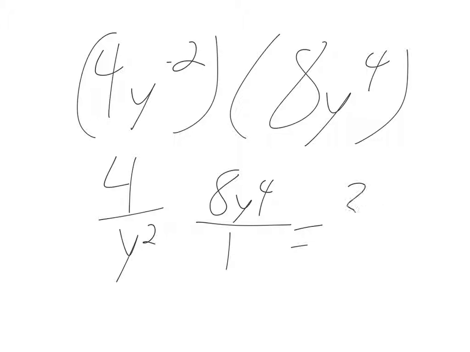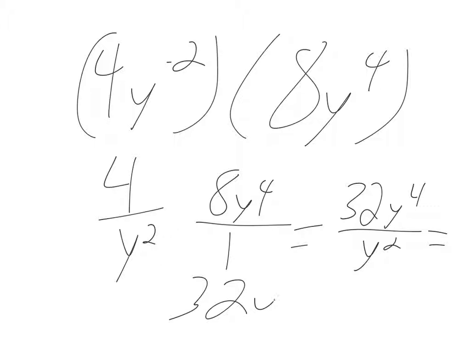And now we're going to have 32y to the fourth over y squared. But since we have the same variable with our exponents, we can subtract the exponents, starting with the numerator over the denominator, and we will have a total answer of 32y squared.